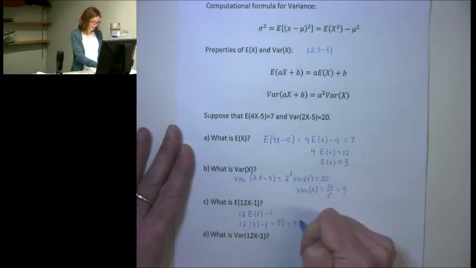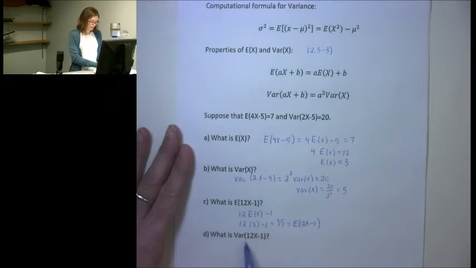That is the expected value of 12x minus 1. If I want to find the variance of 12x minus 1, it's going to be 12 squared times the variance of x, which is going to give me 144 times 5. So this shows how we can work with those properties to solve some problems.